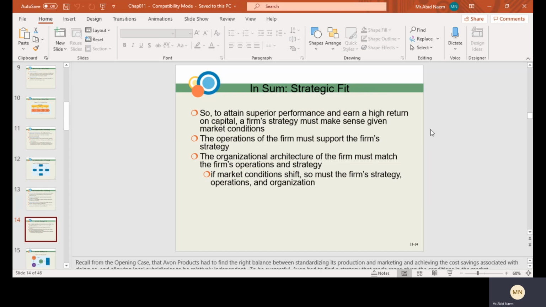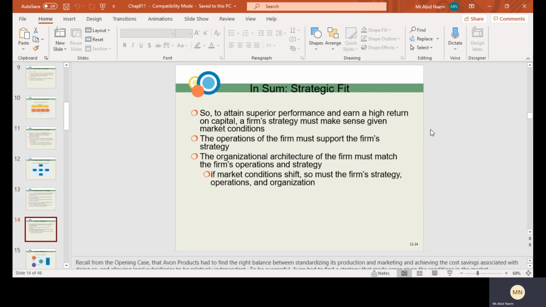In sum, to conclude, strategic fit is the answer for value creation of a firm as a value chain. To attain superior performance and earn a high return on capital, a firm's strategy must make sense given market conditions. Where you are operating, where your business operations exist, you have to understand the environmental factors because they are going to directly impact your organizational performance. And secondly, the operations of the firm must support the firm's strategy.